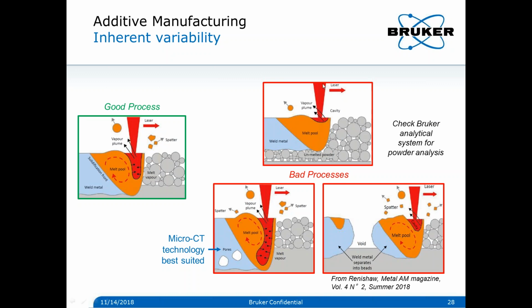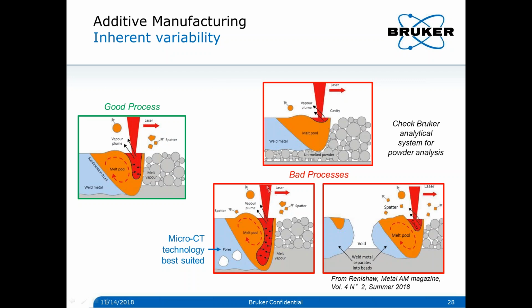But once you're set, we can understand that if the layer is too thick or the laser power too weak, the weld metal will not reach the bottom, and then you will have non-cohesive volumes. So we are losing mechanical properties and losing here the part.